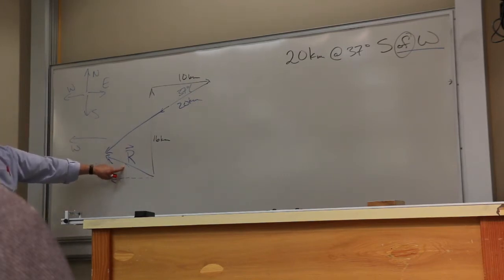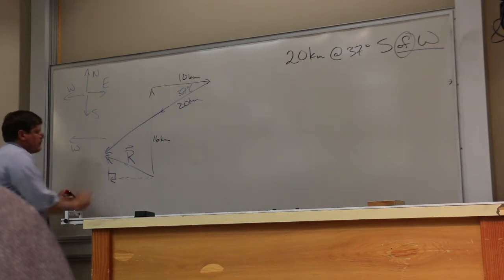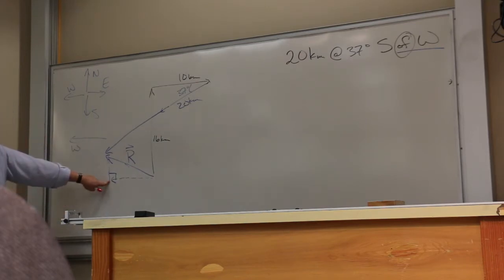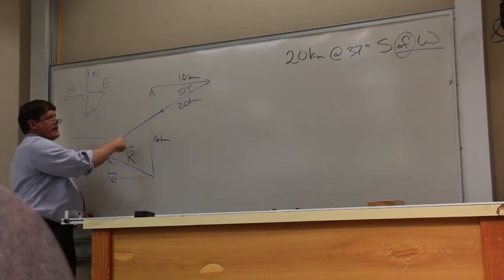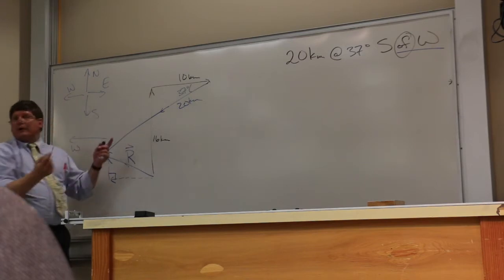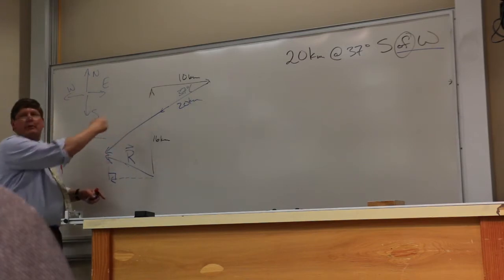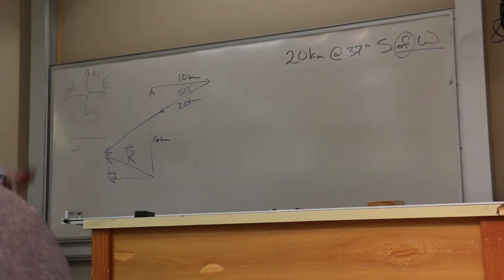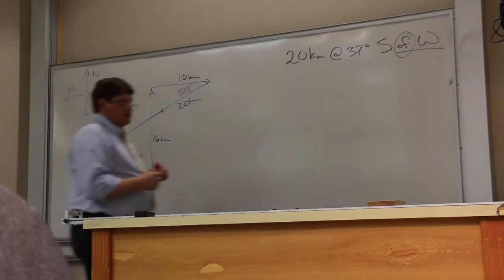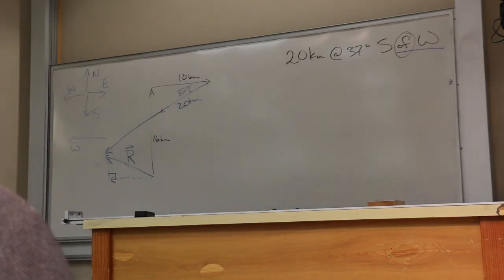That's the triangle we want to work with. The x part and the y part are always going to be perpendicular to each other. You're always guaranteed that that's a right triangle. You don't know whether this is a right triangle or not. This one is, by coincidence. But people were trying to use law of sines, law of cosines, law of Tuesday. It was crazy. Here's how you do it.